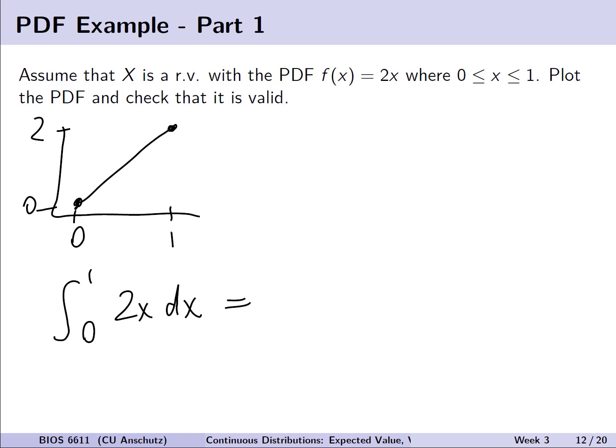If we integrate this, we get x squared, evaluated from 0 up to 1. This is equal to 1 squared minus 0 squared, or a value of 1. Therefore, we can conclude that it is a PDF, and we can also identify that the probability in our trivial example here never goes below 0, so there is no negative probability.